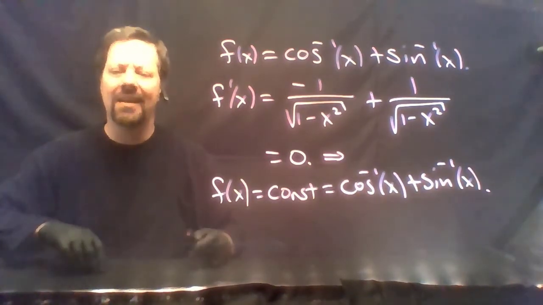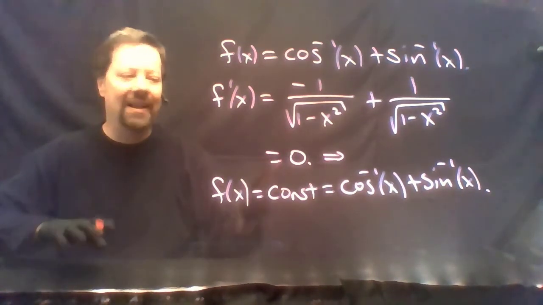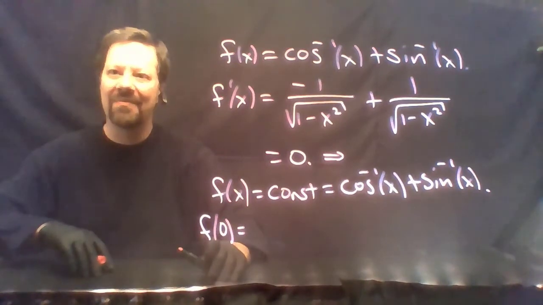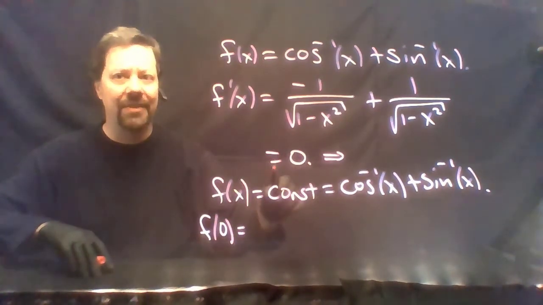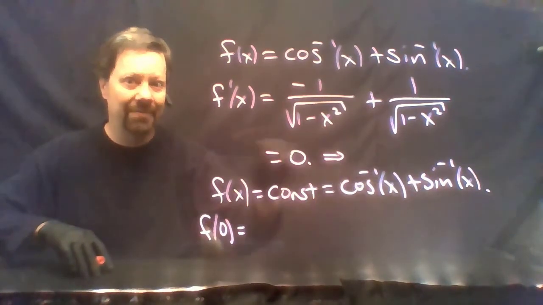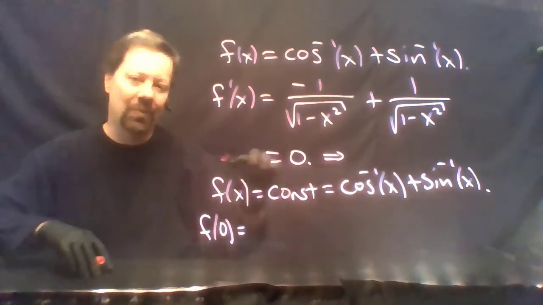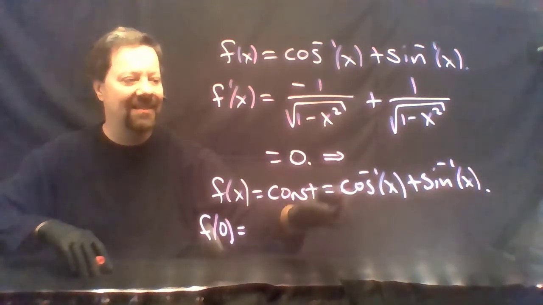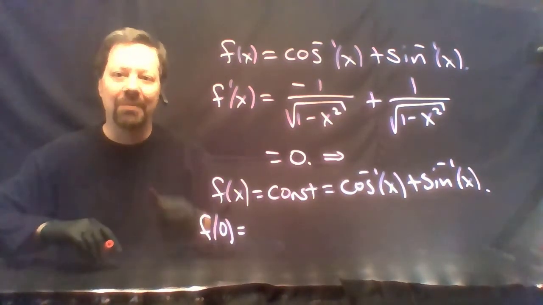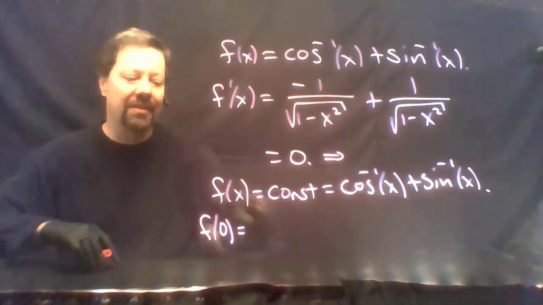What is this constant? We can evaluate at one point and find out. Let's evaluate at 0. Now, since sine of 0 is 0, inverse sine of 0 is also 0, because inverse functions simply swap x and y coordinates. So what is the inverse cosine of 0? It's the angle you plug into cosine that outputs 0.